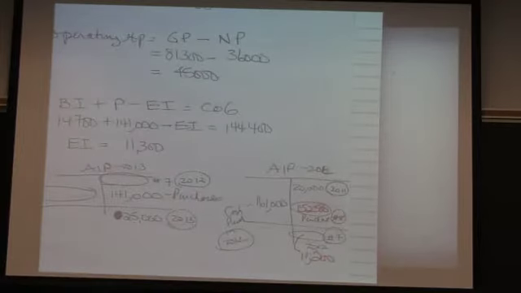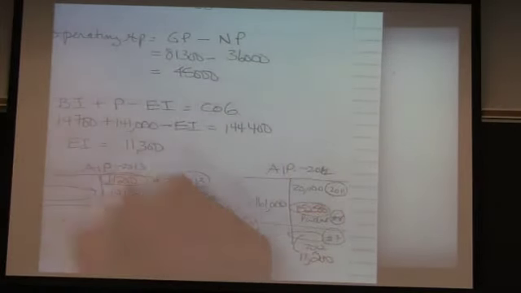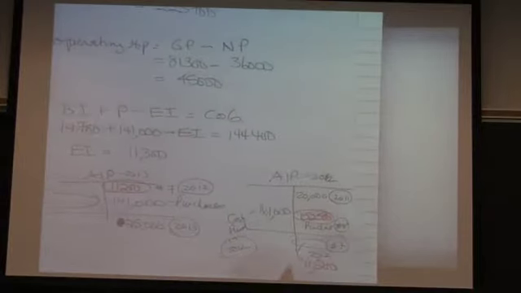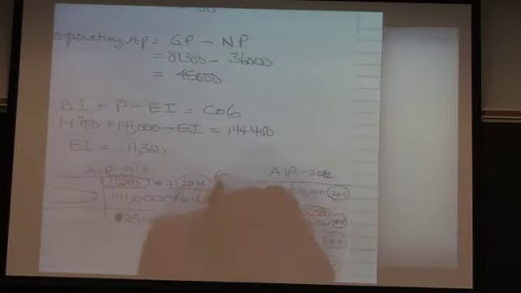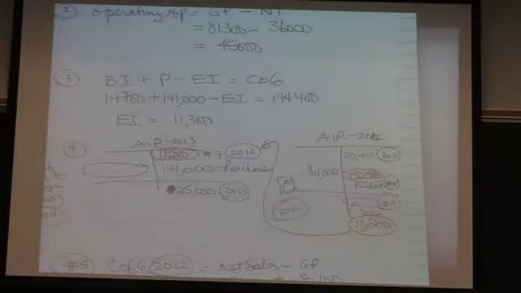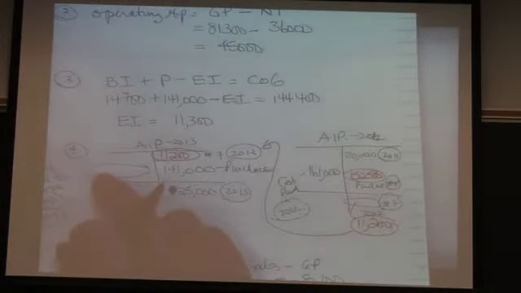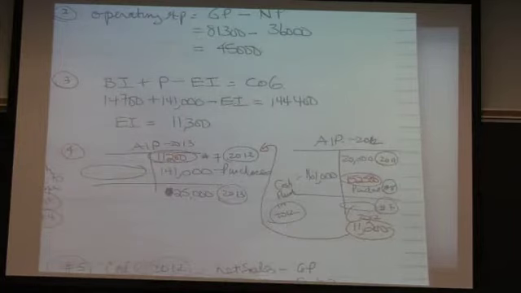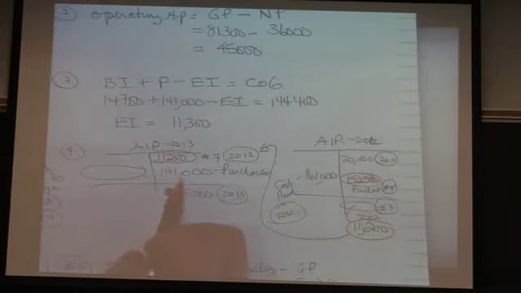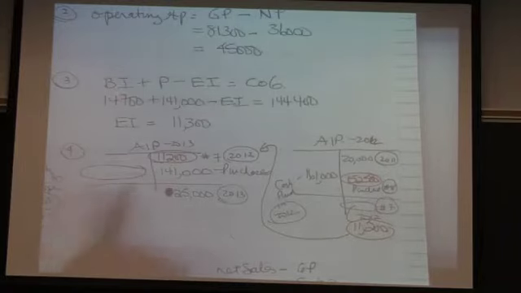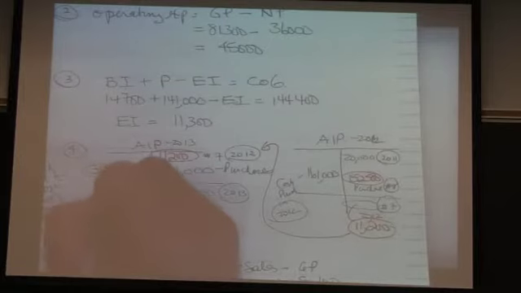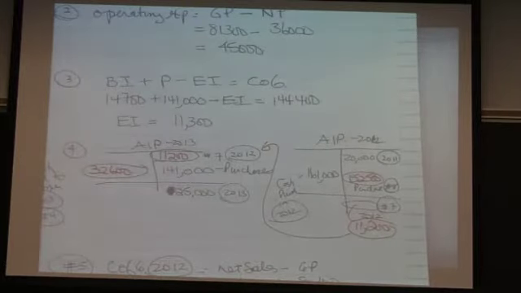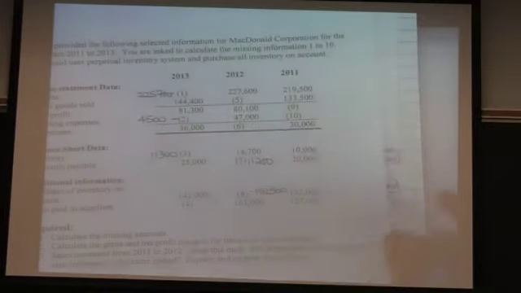Now, we know that 11,200 has to be the beginning for the 2013 accounts payable T account. So now we can solve number 4 because now we've got 11,200 plus the 141 purchases minus X to give you the 25. So this is 32,600. So that is 32,600 for number 4.